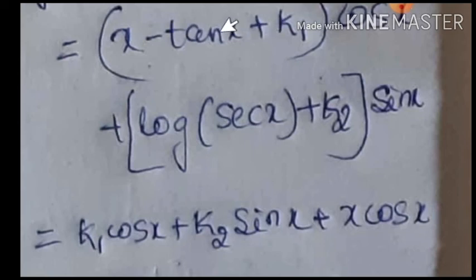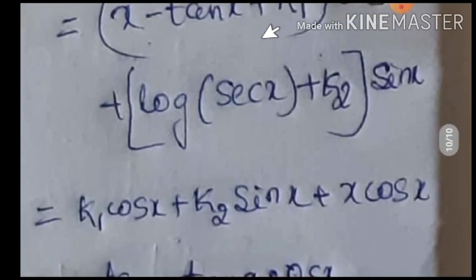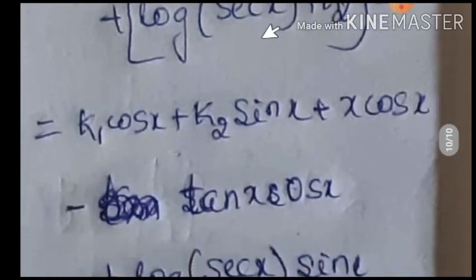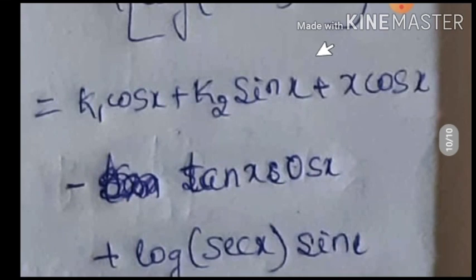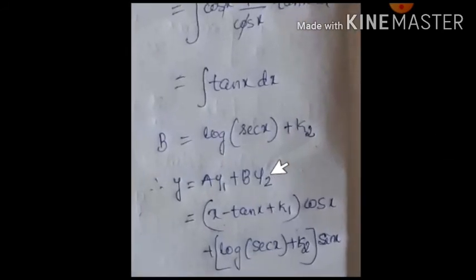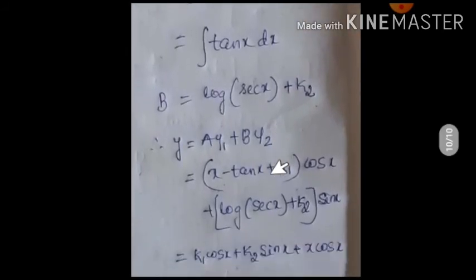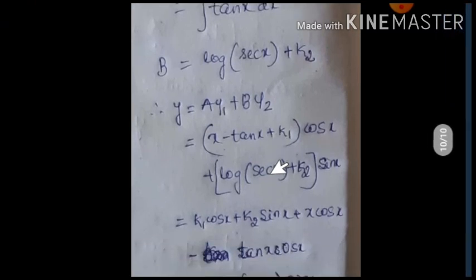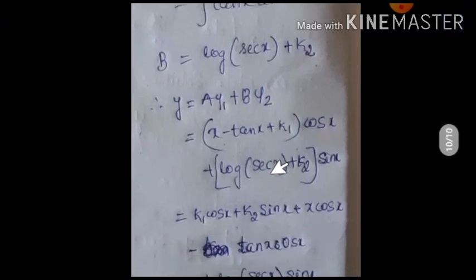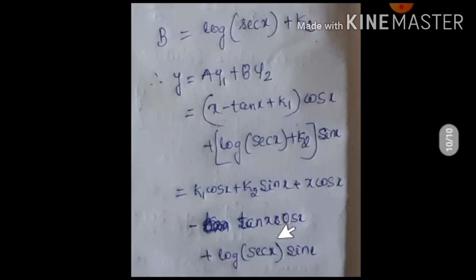Tan can be written as sin by cos, yes or no? So in the further step I have written here minus tan x cos x, and this bracket term also, minus tan x cos x is written here, and the other term is log secant x into sin x, correct?